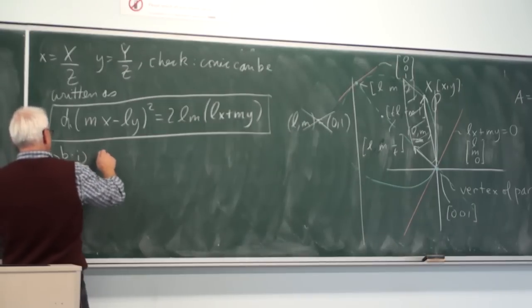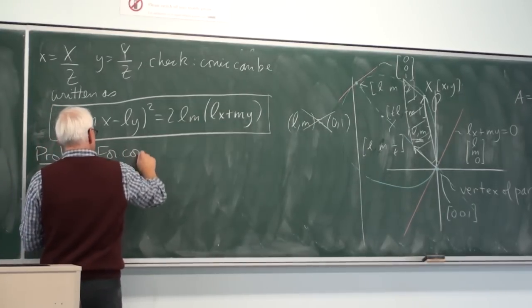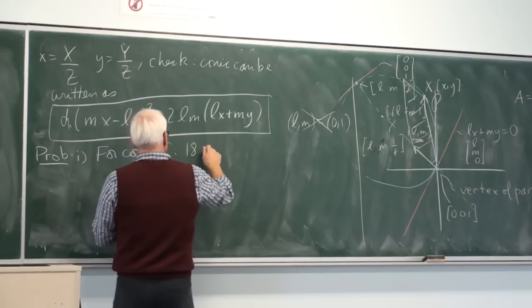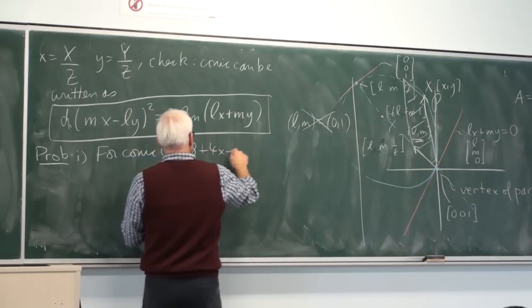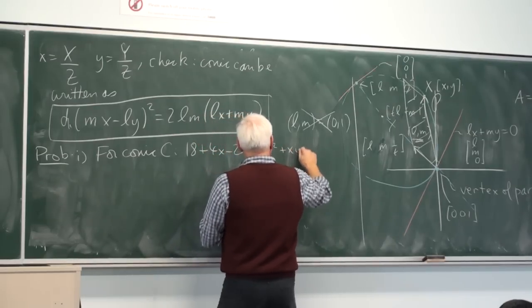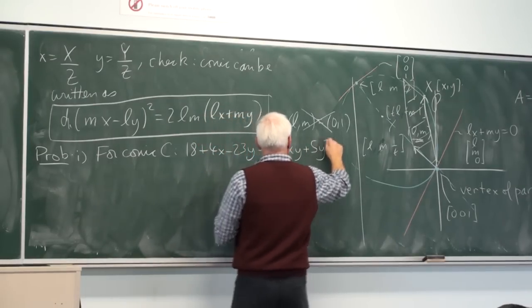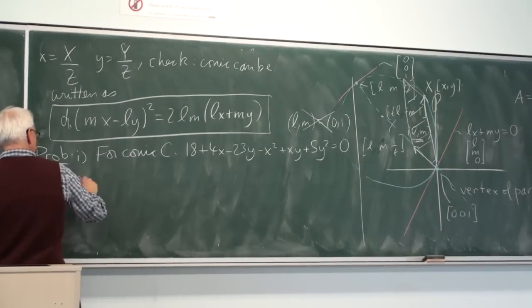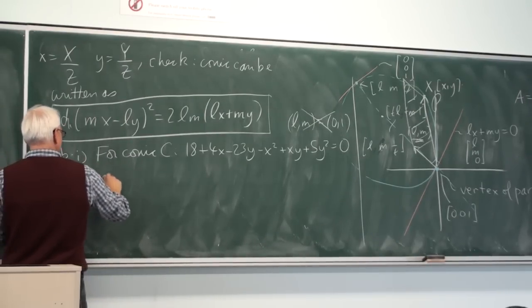So the problem has two parts. For the conic C, let's say, you're given by 18 plus 4x minus 23y minus x squared plus xy plus 5y squared equals 0. Define the associated matrix.